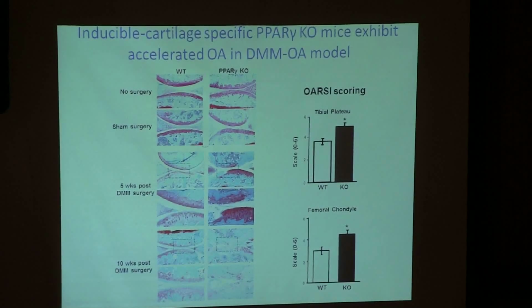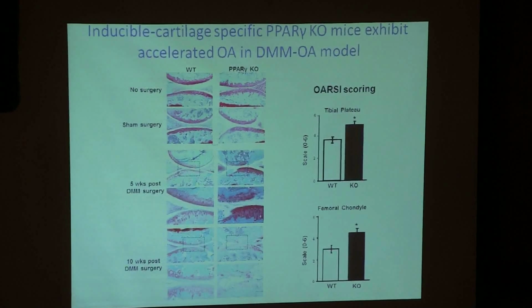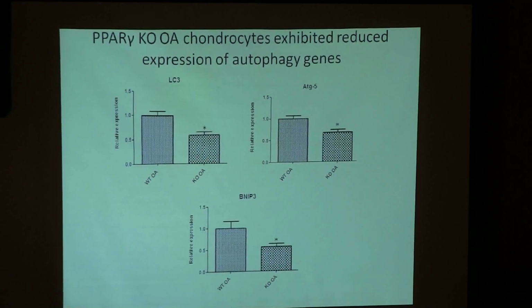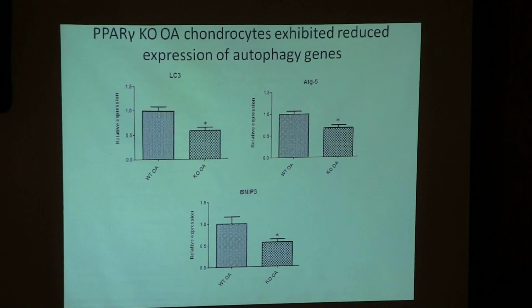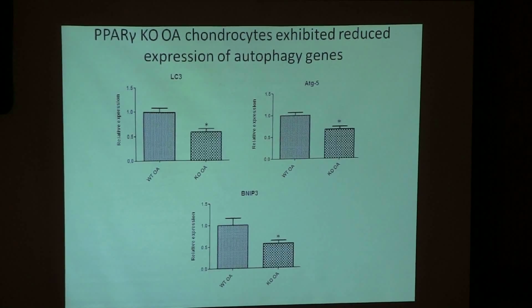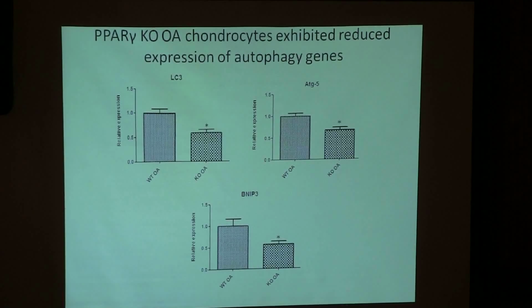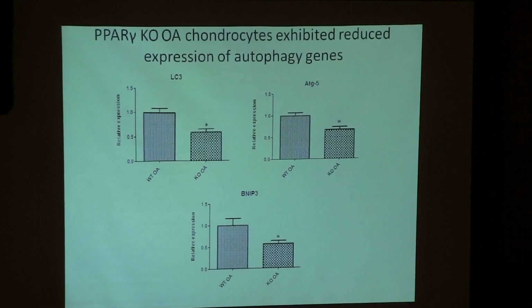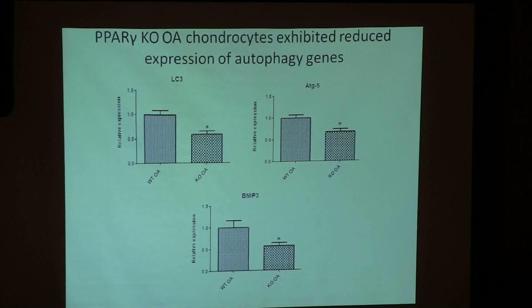So you delete PPAR gamma, you accelerate the osteoarthritic process. What also happens in these knockouts is that as the osteoarthritic phenotype increases, your rate of autophagy induction decreases.